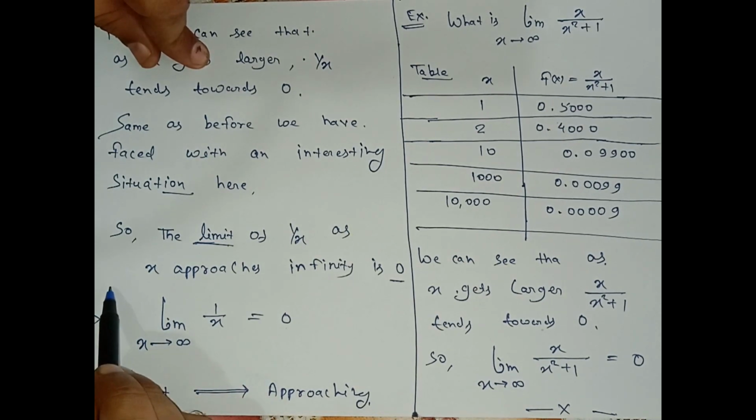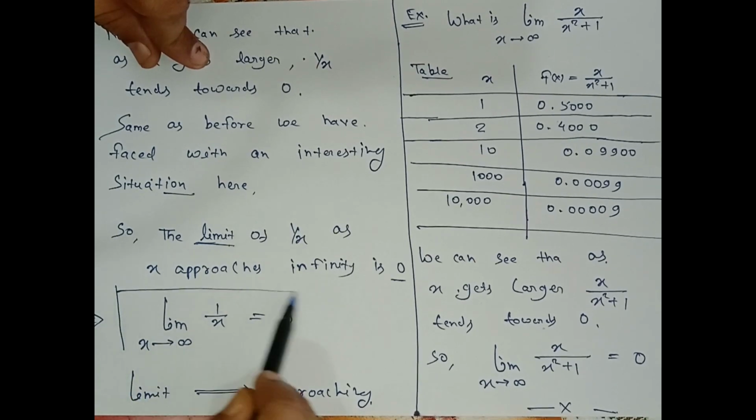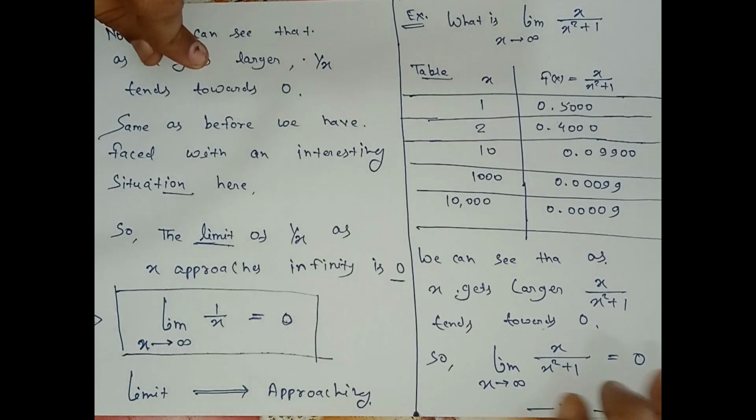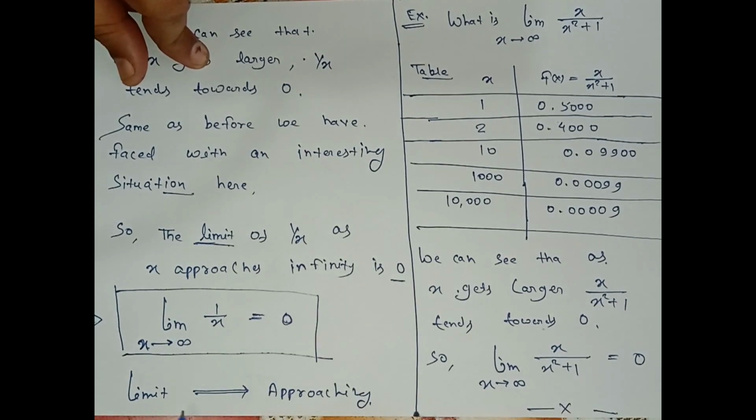So in mathematical form you can write it this way: the limiting value as x approaches infinity of 1 upon x is 0. Okay, so always remember limits are all about approaching.